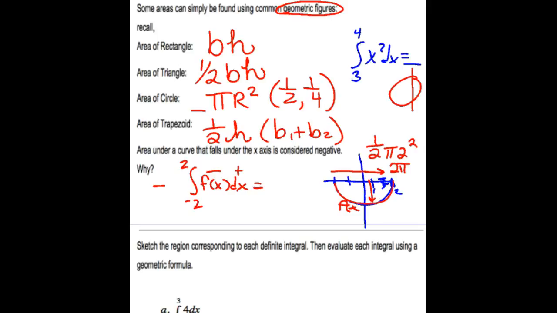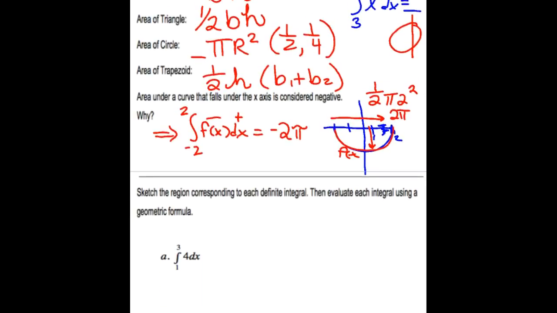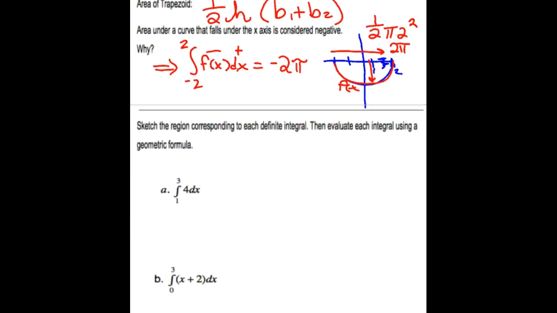So when I evaluate the definite integral from -2 to 2, I actually get -2 pi. So to refine our definition of a definite integral, it's the signed area under the curve. So this one does have an area of 2 pi, but the one down here has an integral value of -2 pi. So we are going to sketch the regions. So let's go do that.